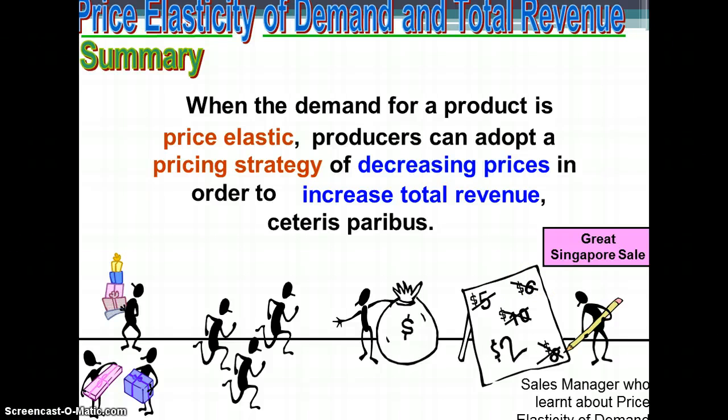Most of the time we will look at a lot of fashion wares like bags, shoes, dresses, clothes, where they have a lot of substitutes. Usually the demand for such products is more price elastic, and therefore the sales manager who learned about price elasticity of demand will decrease the price in order to increase their total revenue.